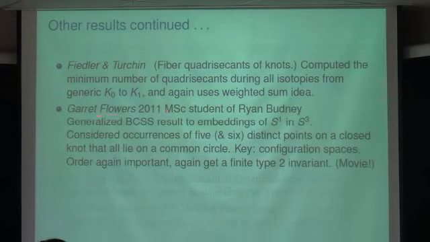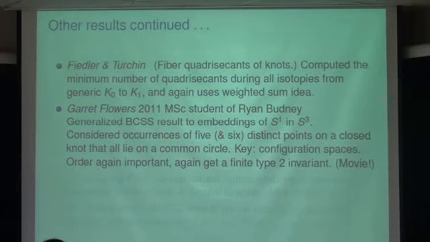This is a very interesting thesis by Garrett Flowers. He's finished now. He was a student of Ryan Budney. So Ryan Budney, this BCSS result was the one about the finite type invariance and quadrisecants. So that result was about long knots in R3.